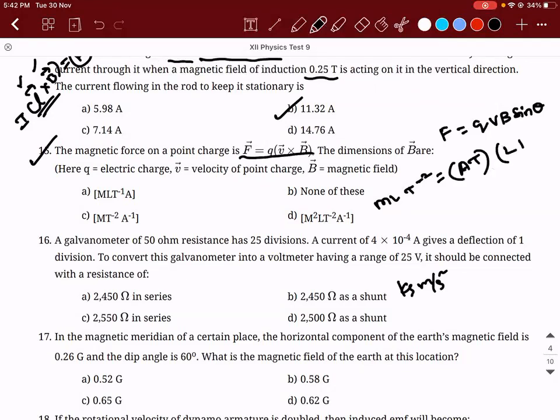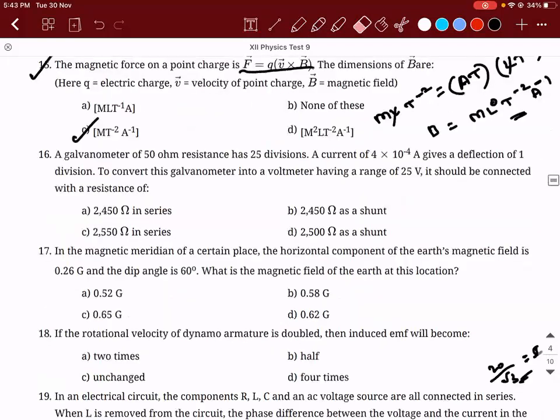V is L T minus 1, into B. So B will be equal to M L 0 T minus 2 A minus 1. Is there an option like this? M T minus 2 A minus 1. So option C is the right answer.